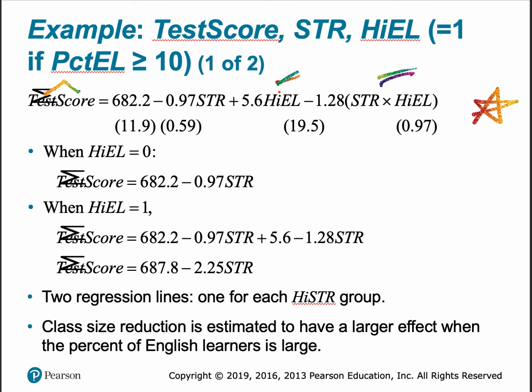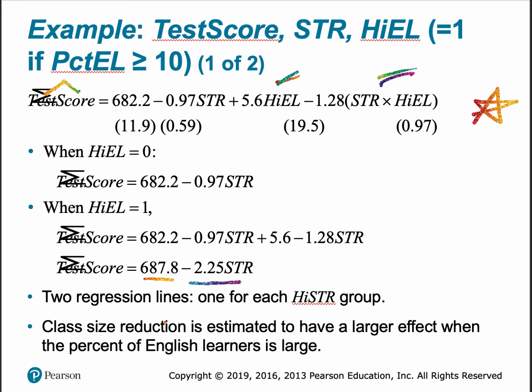High EL is equal to 1, so we get 5.6 minus 1.28 times the student to teacher ratio. So observe that we get a different intercept, 687.8 versus 682.2, and a different slope, negative 2.25 times the student to teacher ratio versus negative 0.97. So we have two different regression lines with two different intercepts and two different slopes.